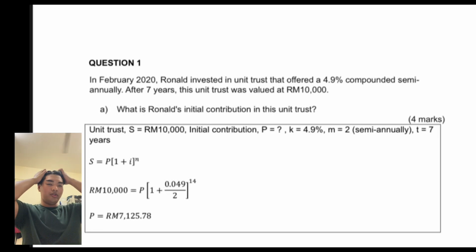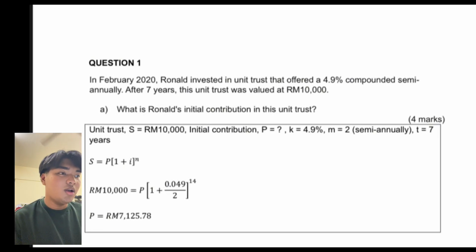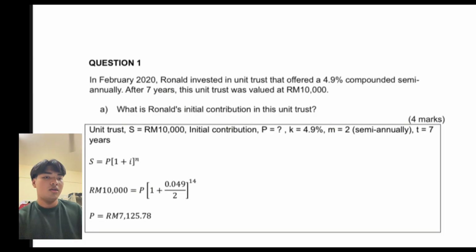So today I'm going to explain question 1, which is our group assessment, question 1A. As we gather the information, S equal to 10,000, so we need to put 10,000 equal to P, since it's nothing, and we put a bracket 1 plus I, where I is actually K over M, so we put 0.049 over 2, bracket power 14.